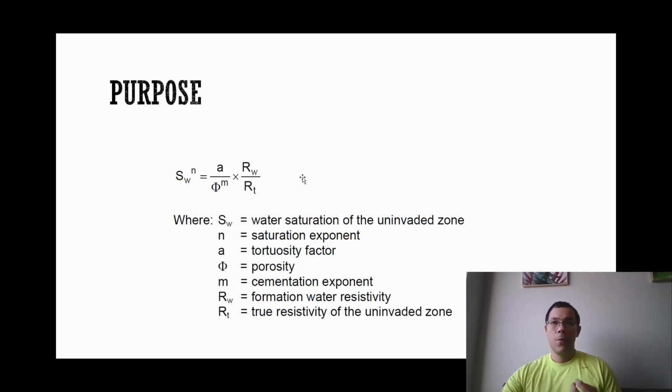So what your tool is seeing, the true resistivity of the uninvaded zone, depends on the other 7 factors. The point is, let's not summarize it as just resistivity tool, formation fluids. There are a bunch of things that influence what your resistivity log is showing you. Those things are the saturation exponent, tortuosity factor, the porosity itself, the cementation exponent, and the formation water resistivity.